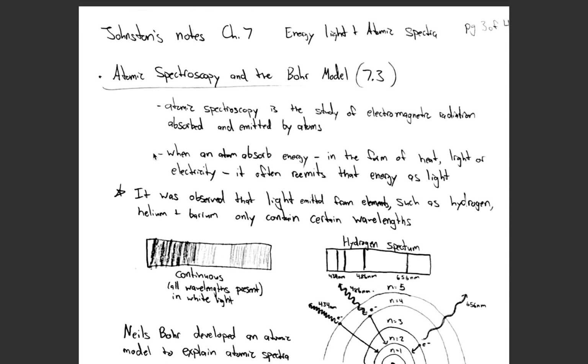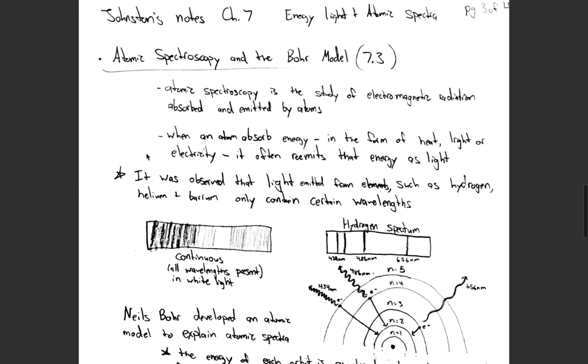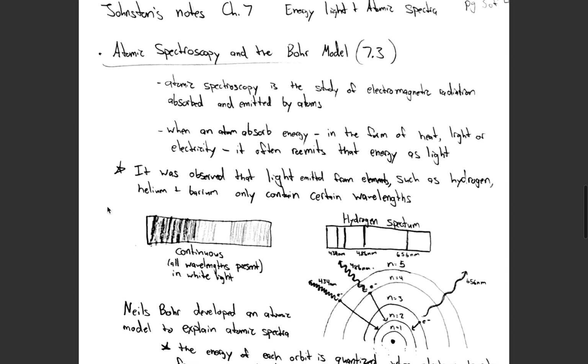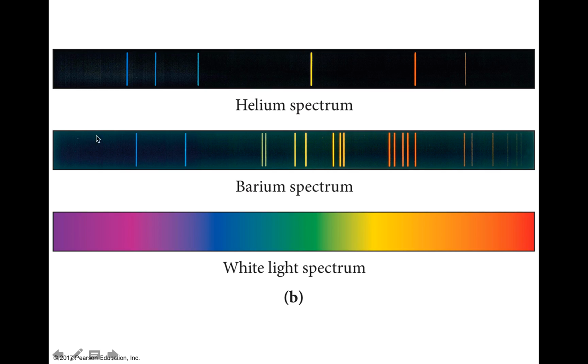It's important to know that when an atom absorbs energy, and there's different forms of energy, it could be heat, light, electricity, those atoms will re-emit that energy as light. It was observed that light emitted from elements such as hydrogen, helium, barium only contain certain wavelengths. So a continuous spectrum, like the white light on the bottom, would have all of the colors of the rainbow.